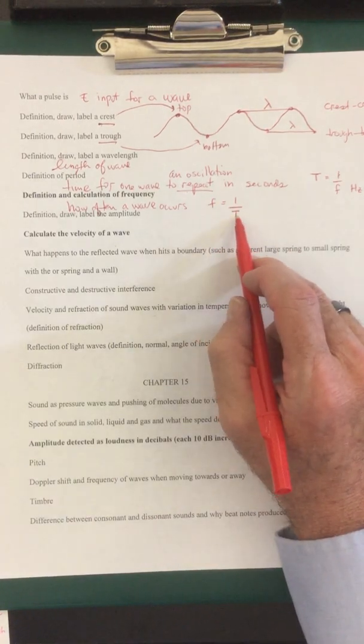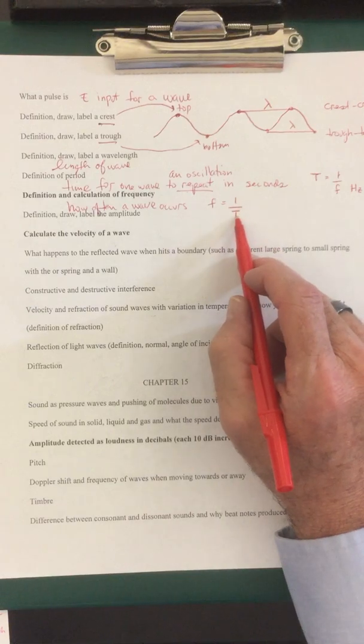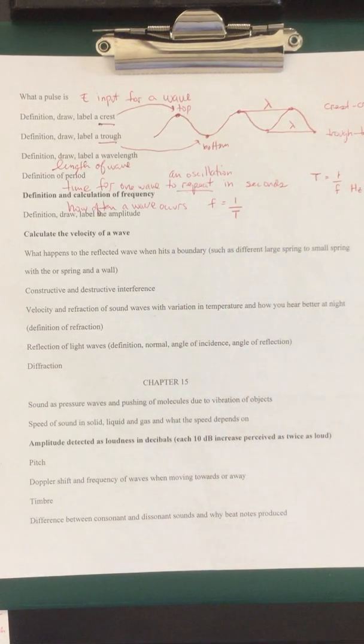The inverse of 1/2 will give you 2. So the frequency of the wave would be 2 waves per second. If it takes a half a second for the wave to complete itself, then in 1 second you have 2 waves.